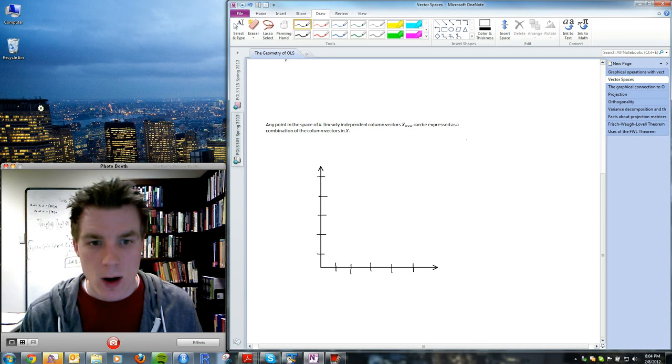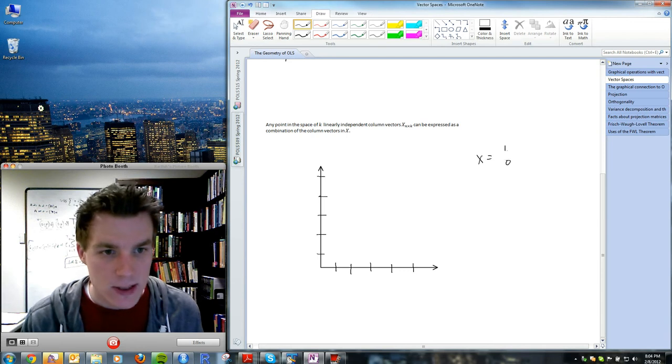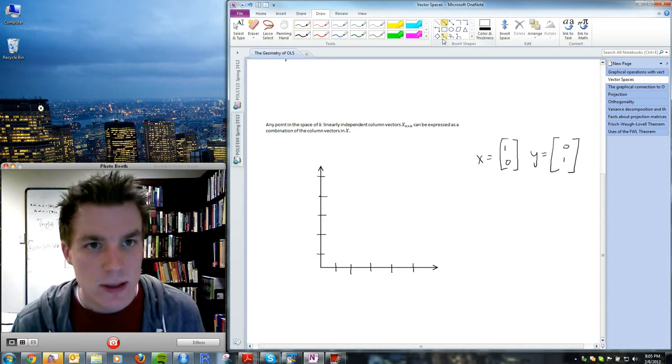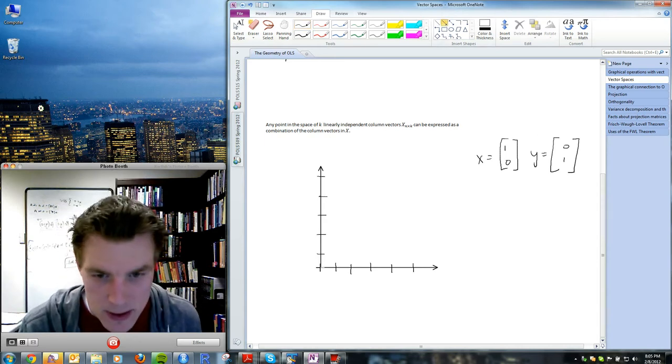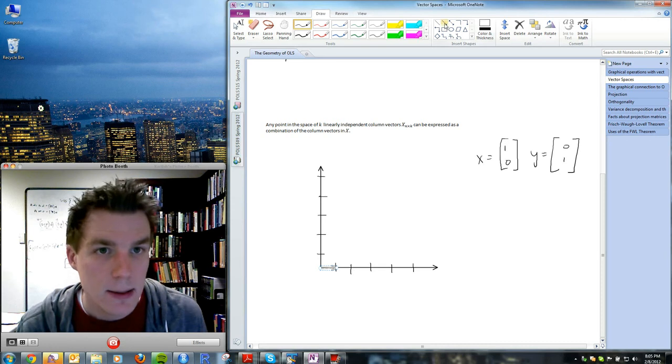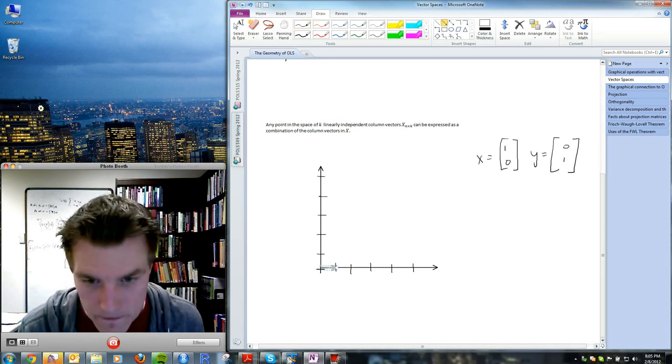Drawing x and y, so x is 1, 0, y is 0, 1. I can draw those vectors in this space like so. There's x, and there's y.